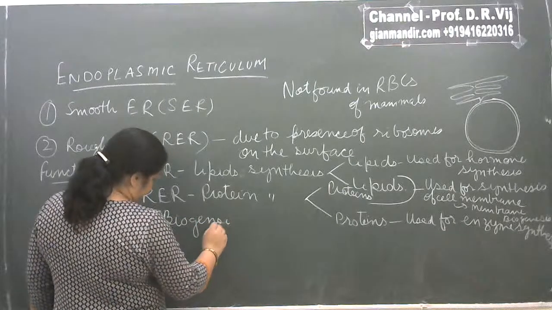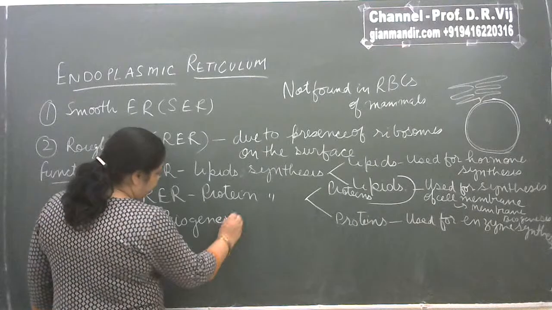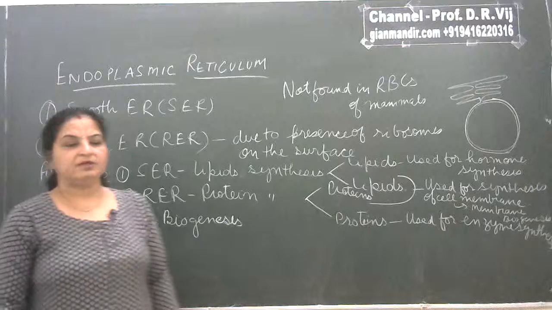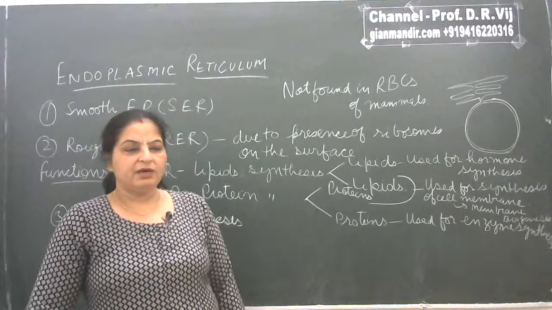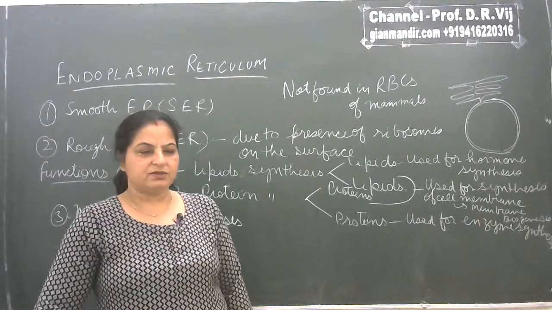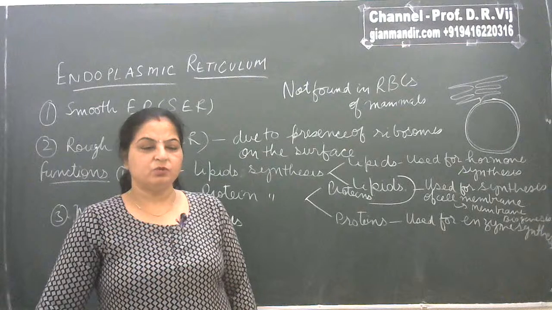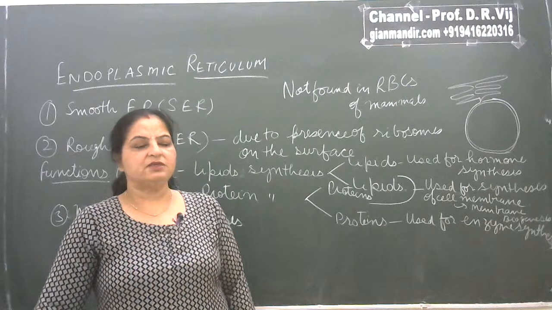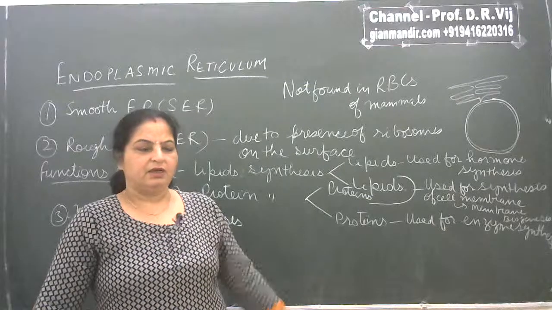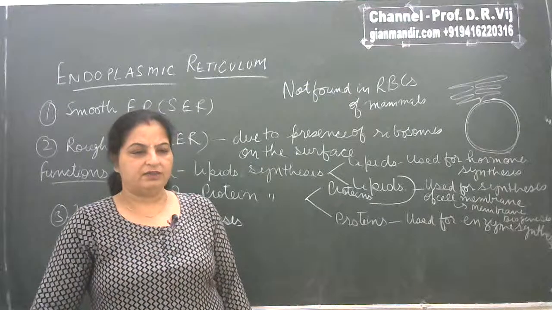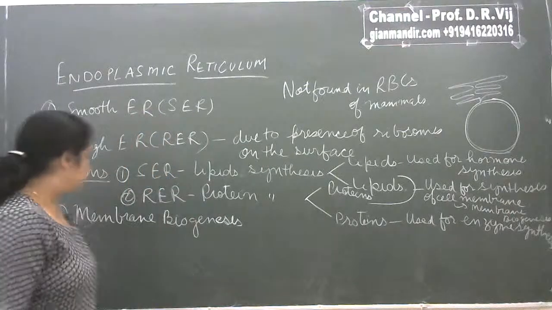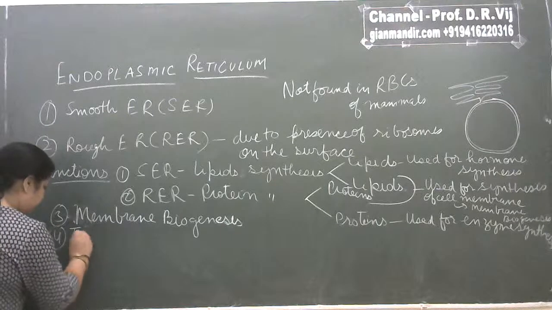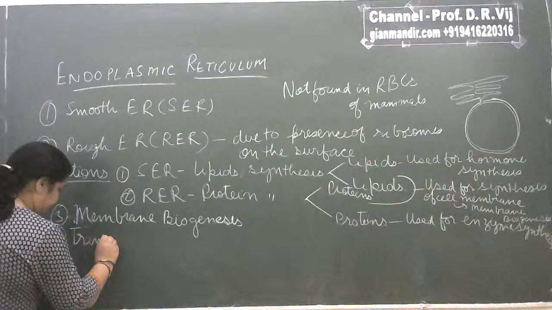You can say that membrane biogenesis is the synthesis of cell membrane or plasma membrane by utilizing the lipids and proteins that are synthesized by smooth and rough endoplasmic reticulum respectively. That is another function of endoplasmic reticulum, right? It also acts as a transport system of the cell.